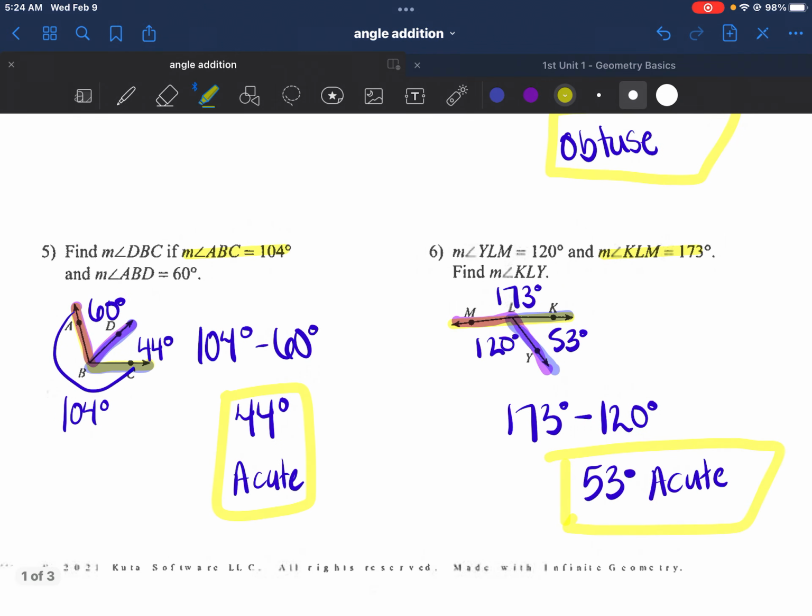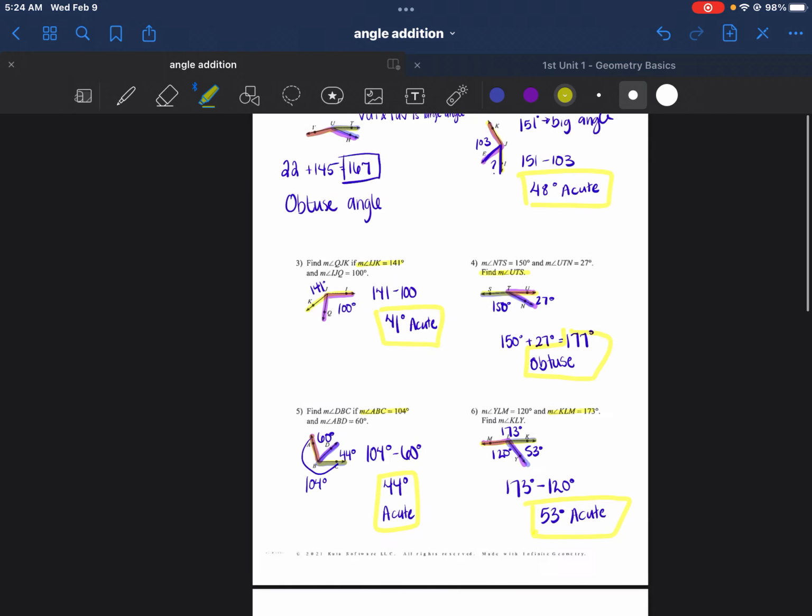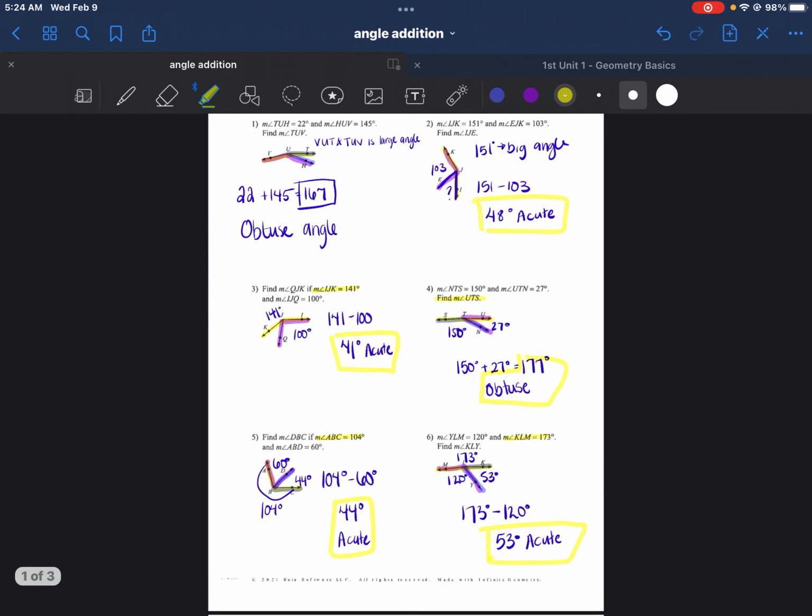So this was just the video on angle addition, the notes. Remember, your big angle is always the 3 outer points. Just like how I highlighted in every single equation, it is going to be your biggest angle or your 3 outer points.